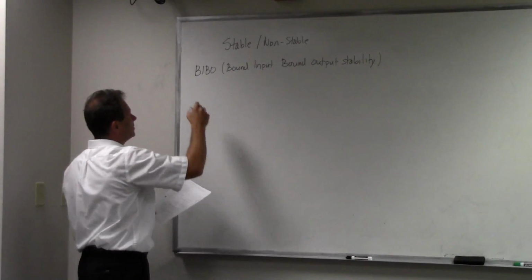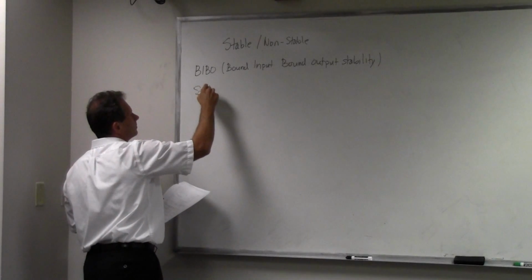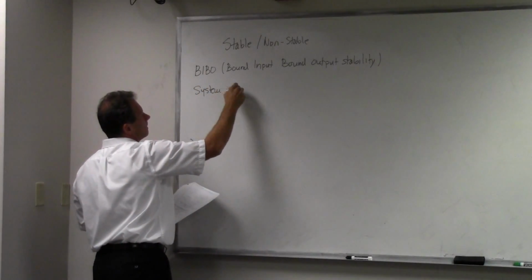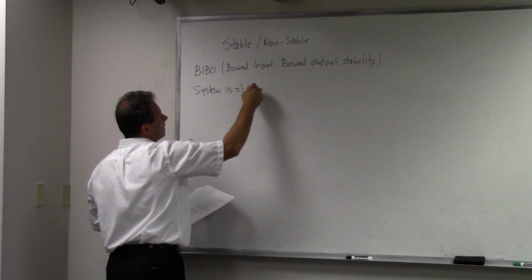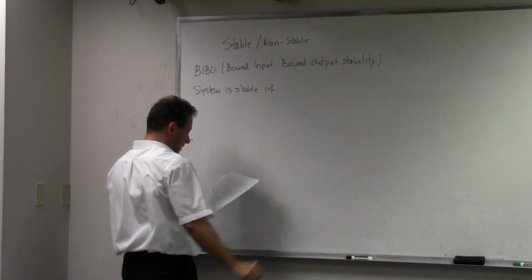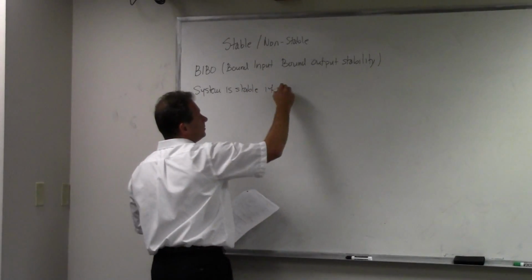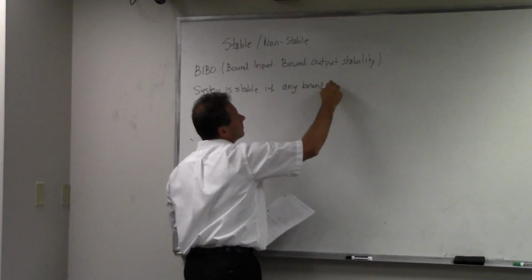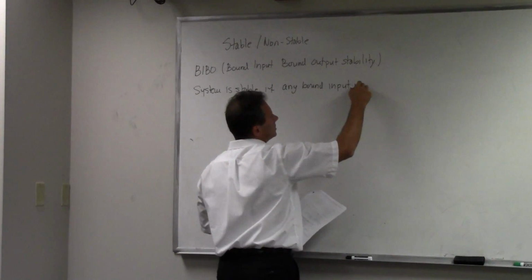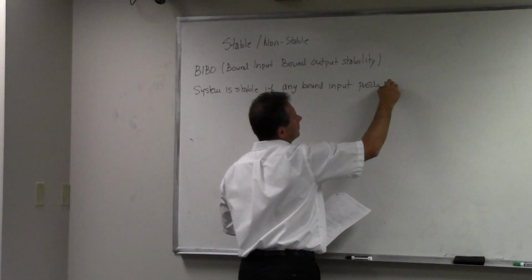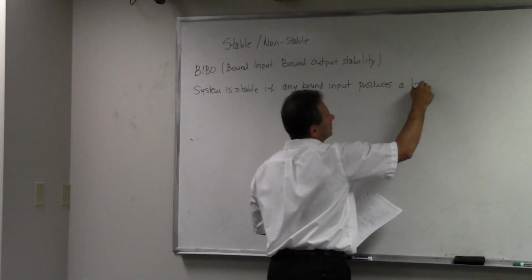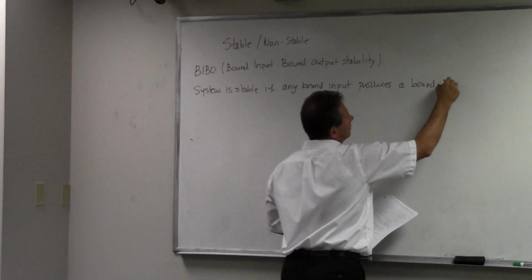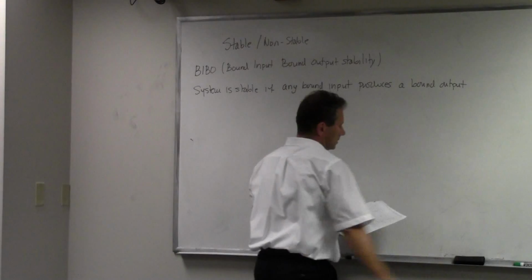We're going to say the system is stable if any bounded input produces a bounded output.